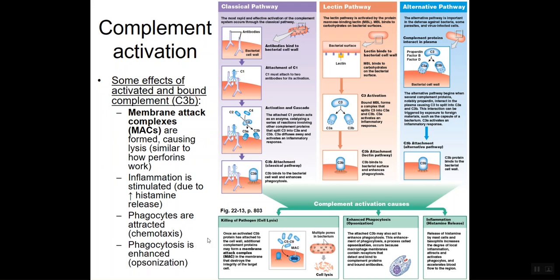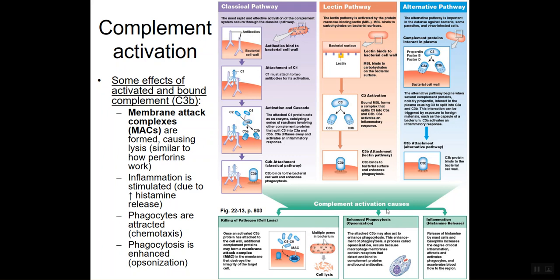And then finally, you might remember from the last lecture, we defined this term opsonization. It basically just means kind of putting a handle on the bad guy. And so when you attach something to the surface of the bad guy, it just makes it easier for a phagocyte to come along and grab onto it and eat it. So enhanced phagocytosis through opsonization.